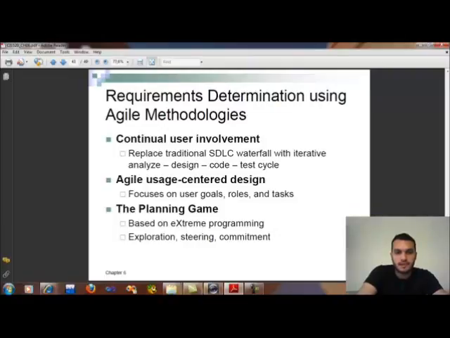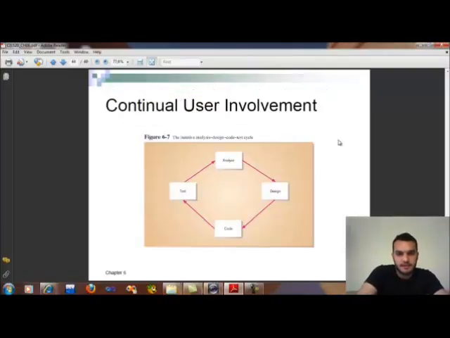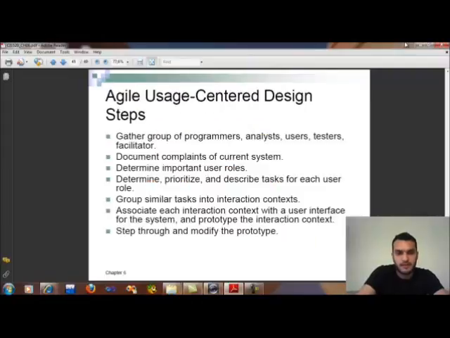The planning game is based on extreme programming: exploration, steering, and commitment. And in this picture, the analyze, design, code, and test cycles, and continuous user involvement.